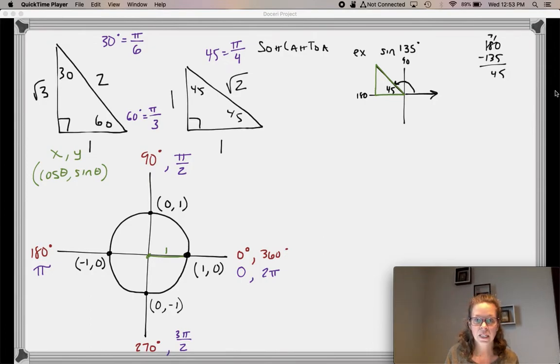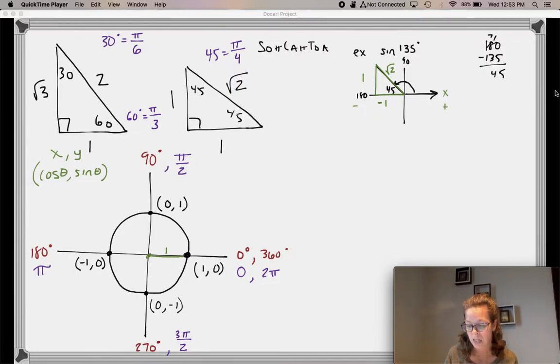All right, now the sides of this 45, 45, 90 triangle are, according to the pattern, 1, 1, and square root of 2. But because this is on a graph, we want to think about positives and negatives. The x-axis goes positive to the right and negative to the left, as we think about graphing. So that means that that one is actually a negative 1.